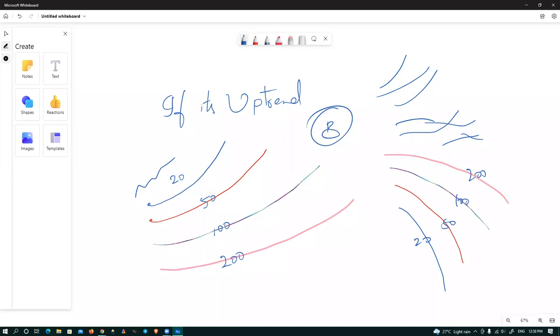Suppose any two of these are mixing together, in the sense these two trends are going to change. The 20 to 50 days trend is trying to change.